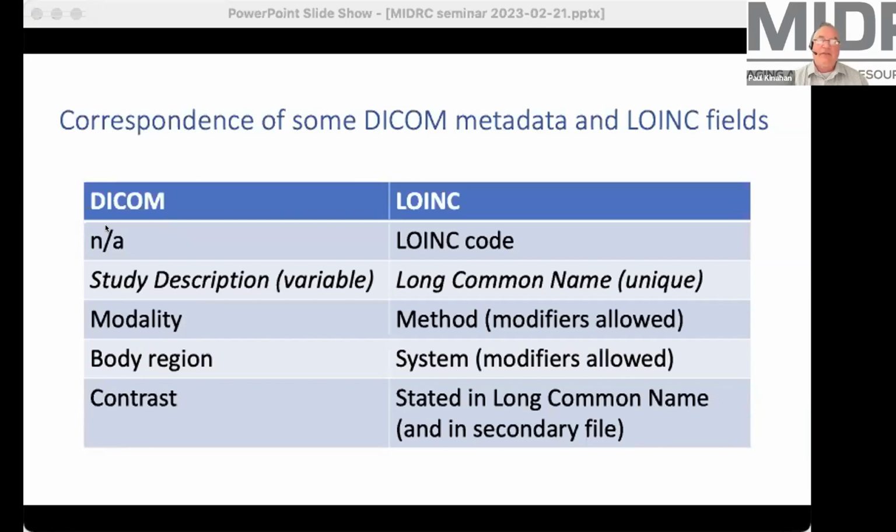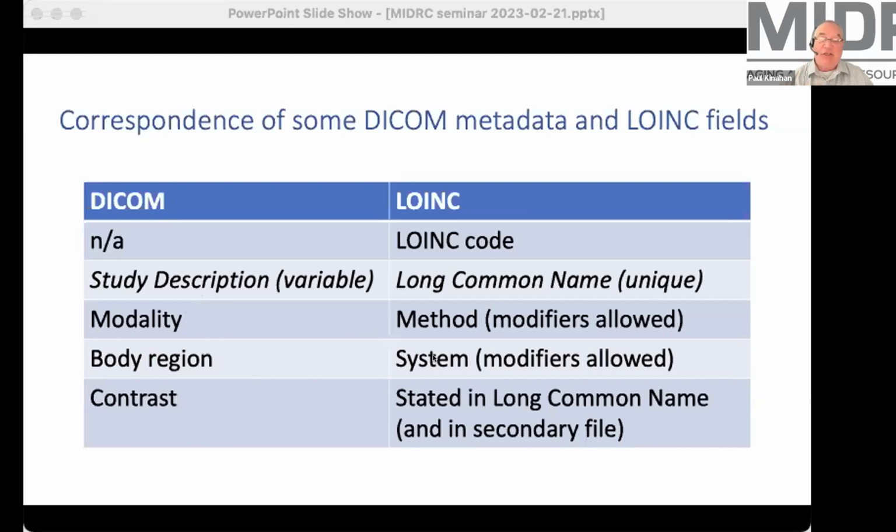And then the other things that matter are, in DICOM, we would talk about modalities such as CT, DR, CR, MR, things like that. In LOINC, it's called a method, and I'm assuming that's because that term had already been set up in the LOINC terminology. Similarly, what we would call body region in DICOM is called the system.